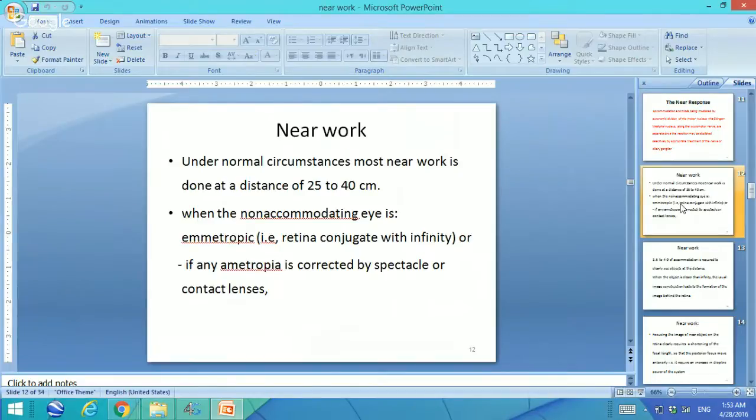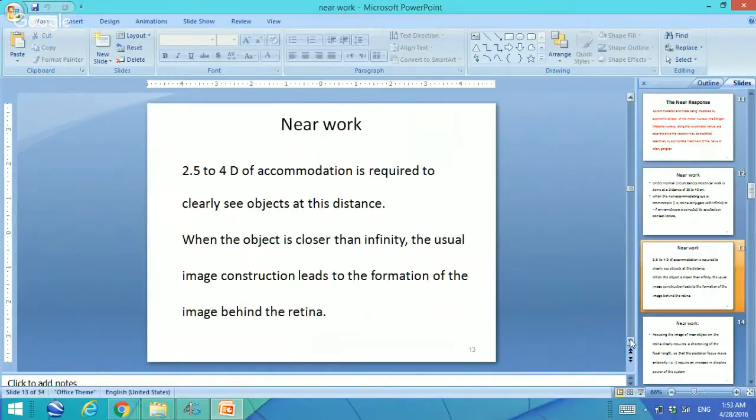Under normal circumstances, most near work is done at a distance of 25 to 40 centimeters. Within this distance, for the non-accommodating eye, that's the emmetropic eye, or if any ametropia is corrected by spectacle or contact lens, we need 2.5 to 4 diopters of accommodation to see this object clearly.